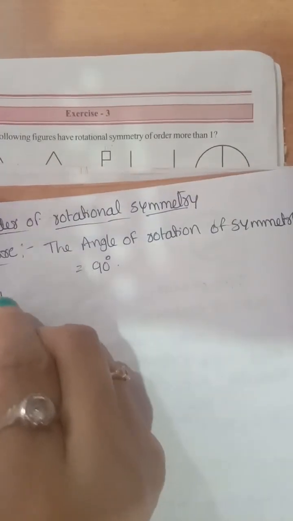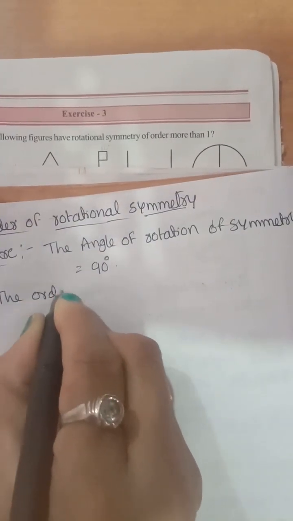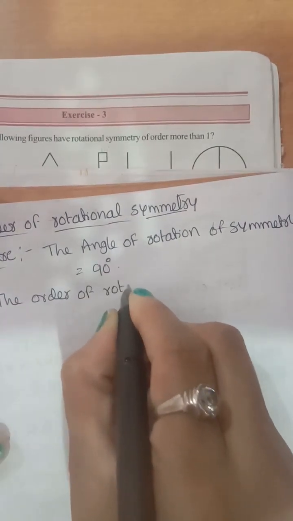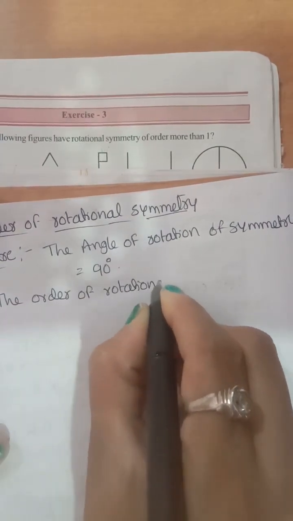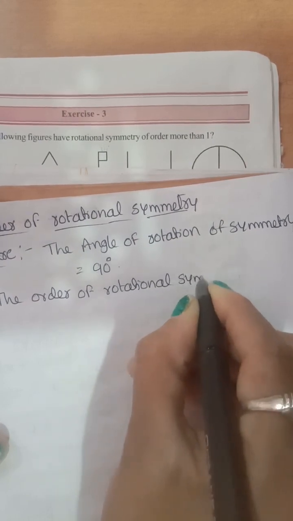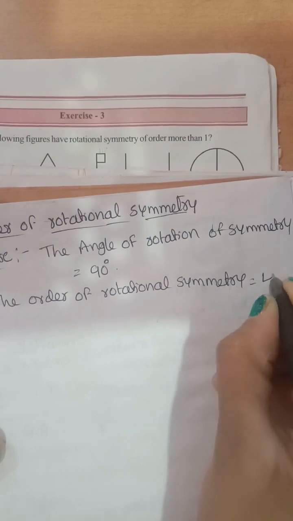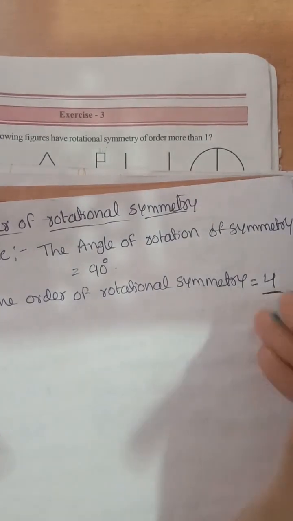The order of rotational symmetry is equal to 4 times only. So that is why the order is 4 only.